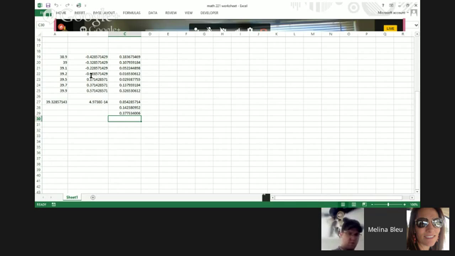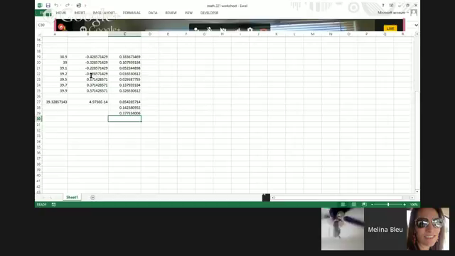So this would be equals 38.9 minus the mean, and I'm going to cell reference it so that it picks from that cell each time.